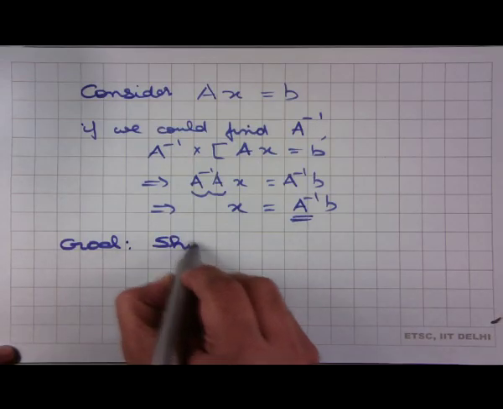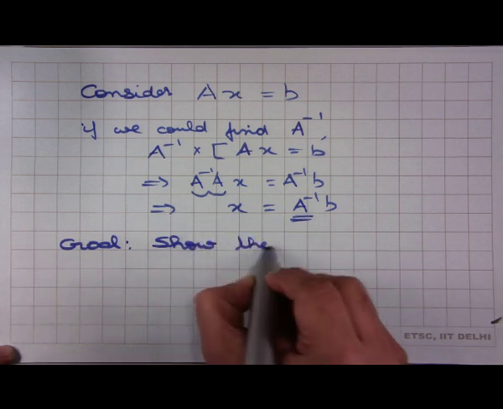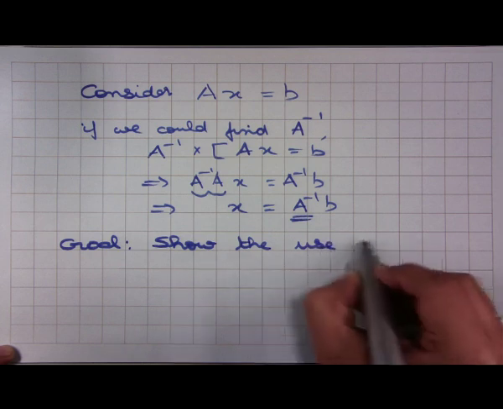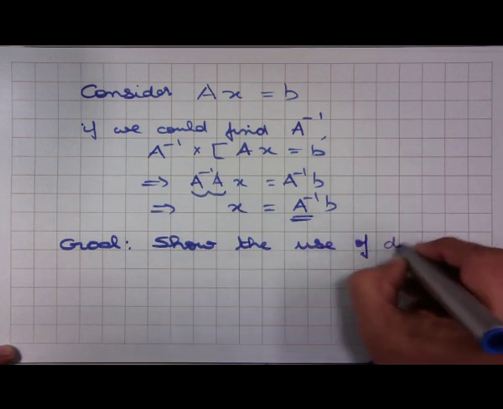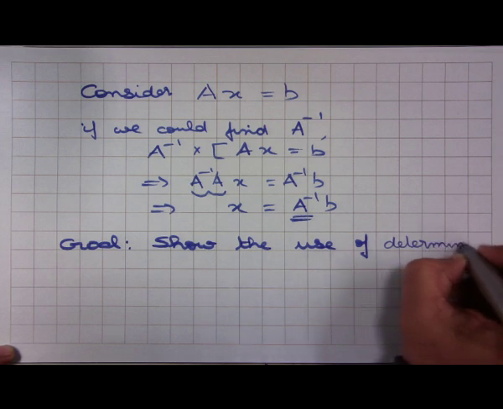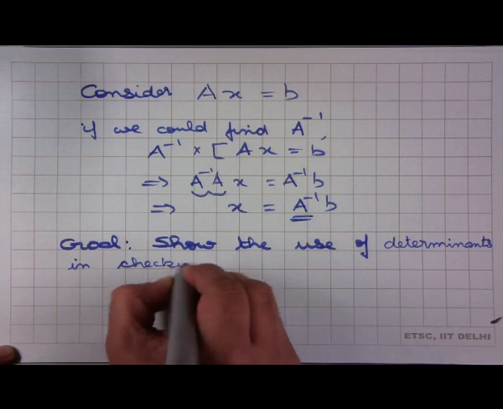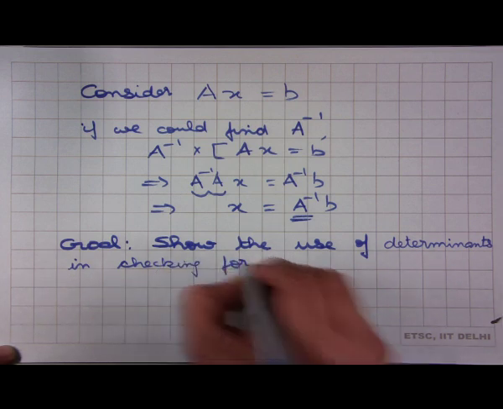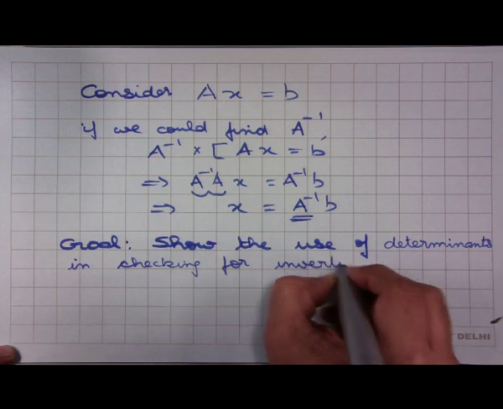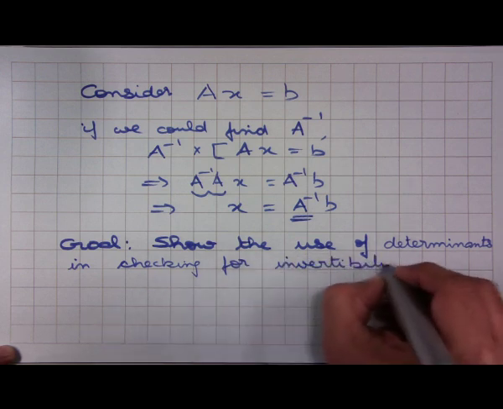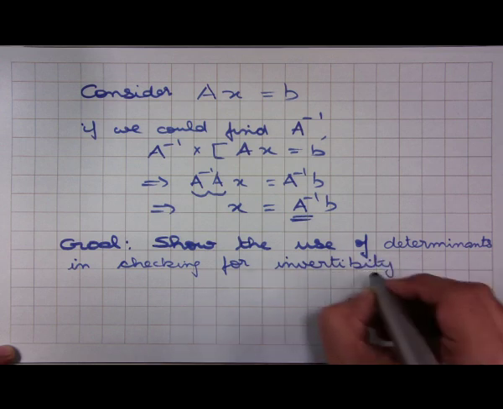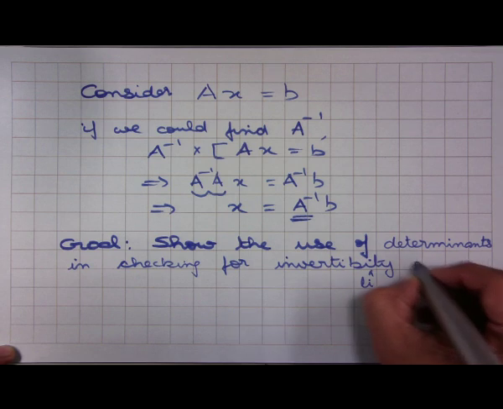Okay. So, the goal is to show the use of determinants in checking for invertibility of a matrix.